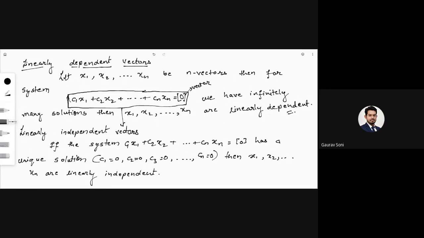So let's make up a proper procedure to check whether vectors are linearly dependent or not. Say x1, x2, x3 are given to us, so I'll take three vectors. Say x1 is 1 0 1, x2 is 0 1 1, and x3 is 1 1 0.